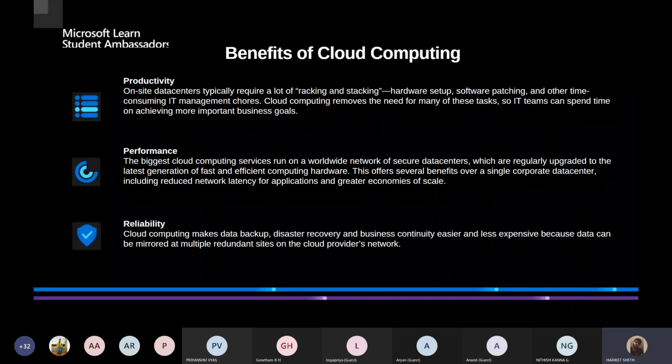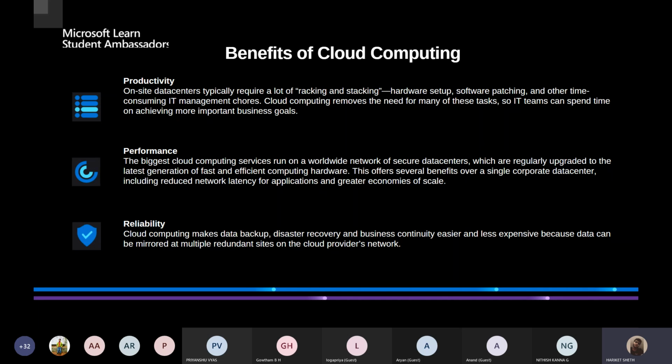So benefits of cloud computing: performance is one of the things. You get really upgraded performance. You don't face any lags, you don't have any kind of delays. Latency is not there. In most of the other traditional computing processes, you face a lot of latency.